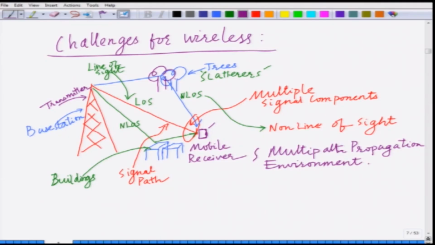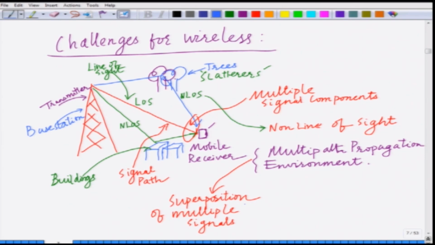So this multipath propagation environment leads to the superposition of multiple signals.